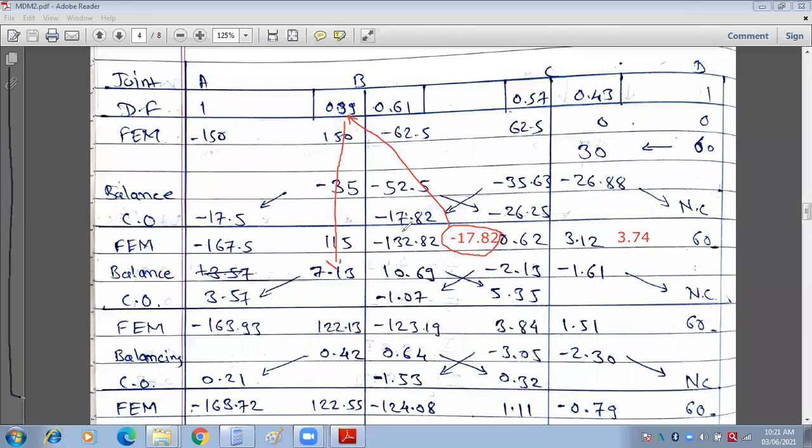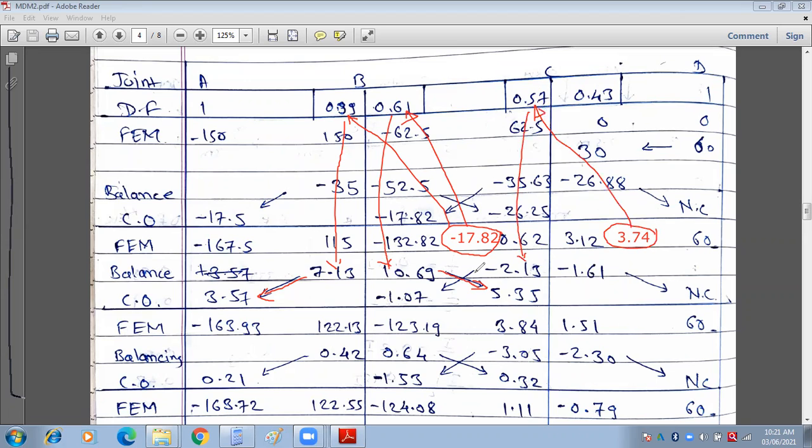This one is the balance moment, and out of this 50% moment is transferred to the carryover to the next end. Again this moment multiply with this distribution factor, write down this moment over here, and out of that the 50% transfer to the far end. Similarly over here, this moment multiply with this distribution factor, write down this balance moment.